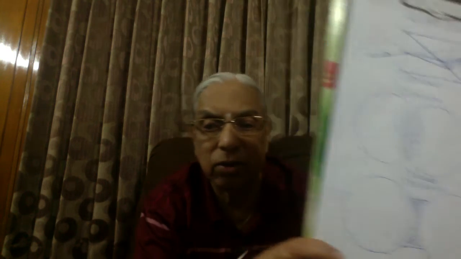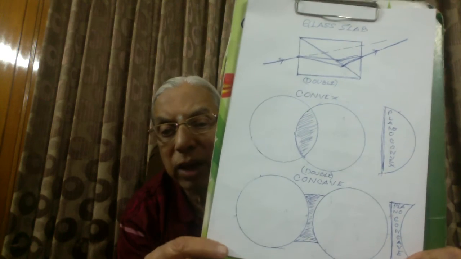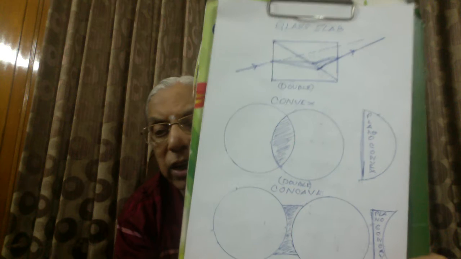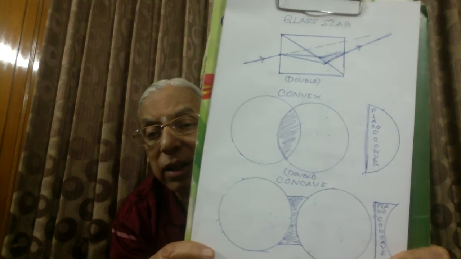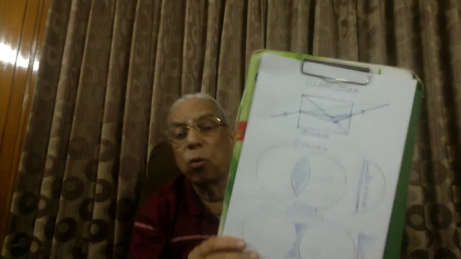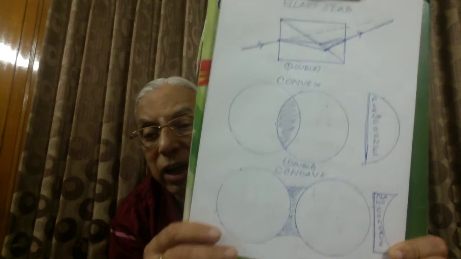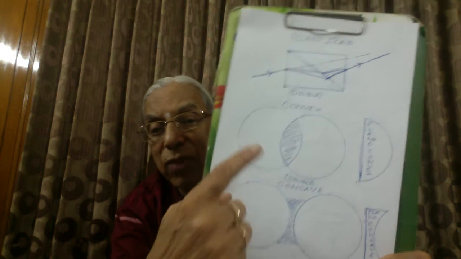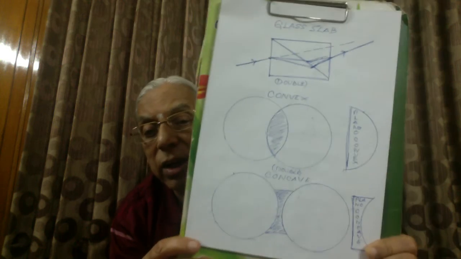The second one is two non-intersecting circles. Once again you find that I have shaded that portion, that is another kind of lens. That means there are two kinds of lenses. One is called a convex lens and another is called a concave lens. The first one is a convex lens, the second one is the concave lens.